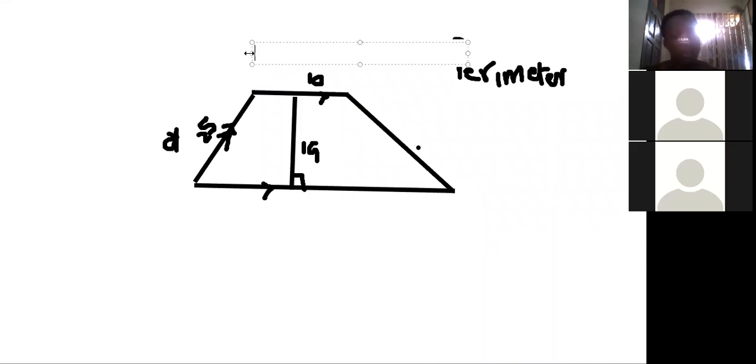Here's a trapezium. In the trapezium, we have the height too.